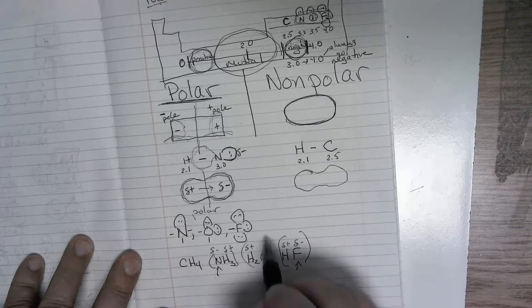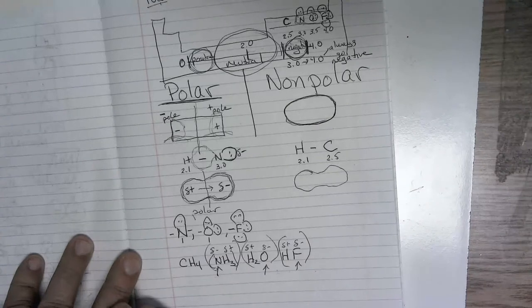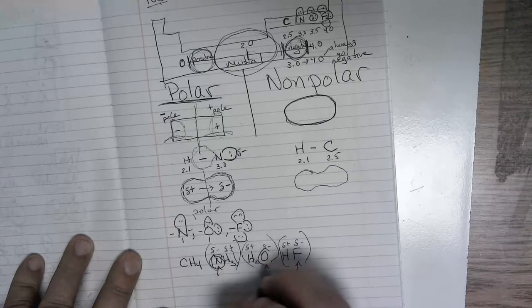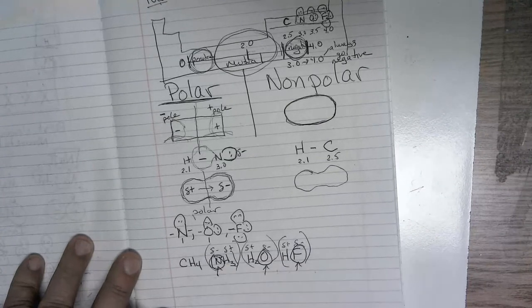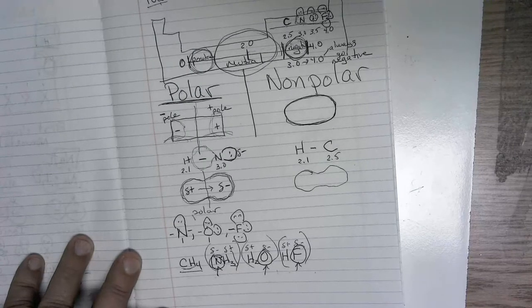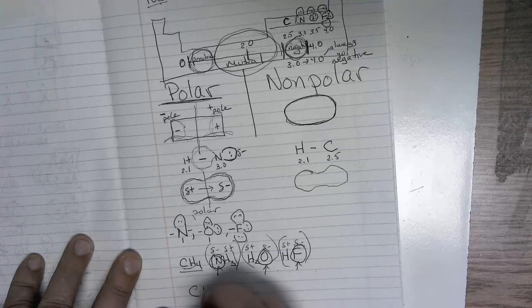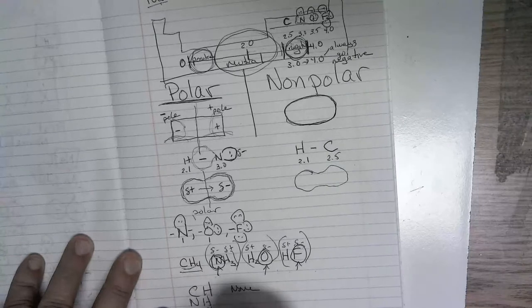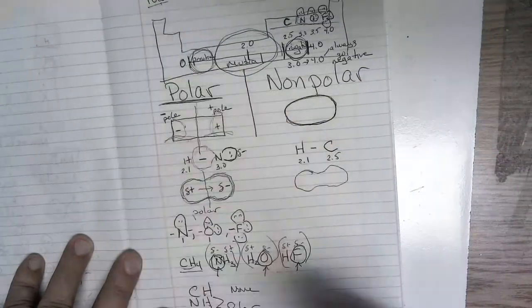All I need to see to know that it's polar is an N, an O, or an F. That's the easiest way to tell. This CH4, there is no polarity. Okay? So, CH, none. NH, OH, and FH, they're polar. And that's how you recognize the bond type, whether it's polar or nonpolar.